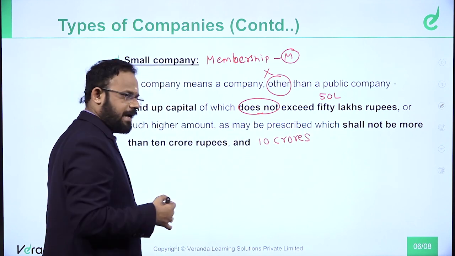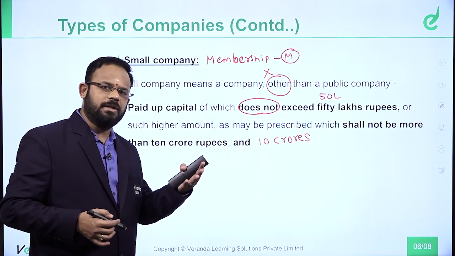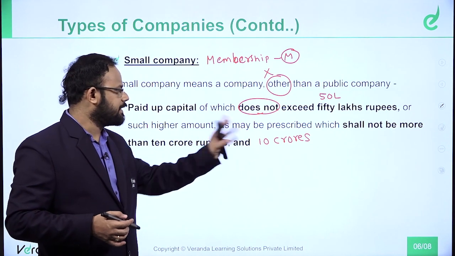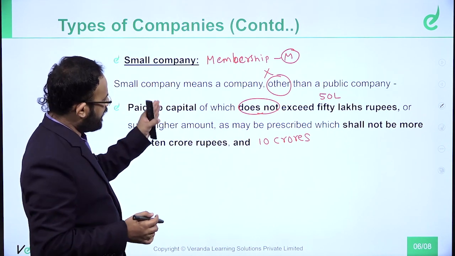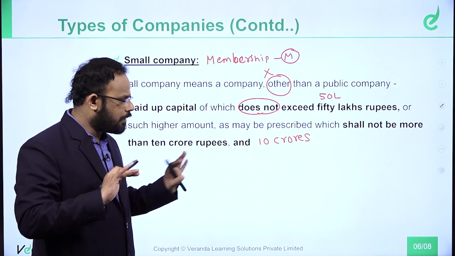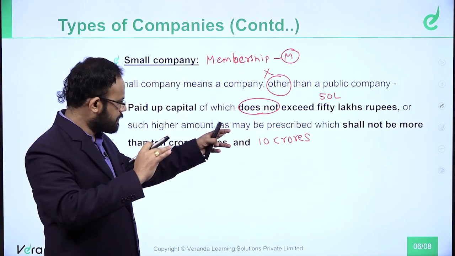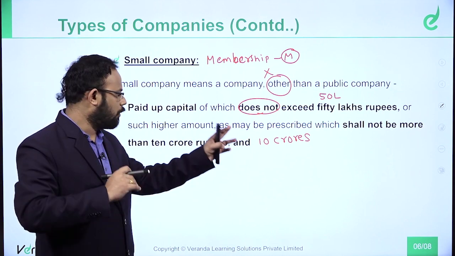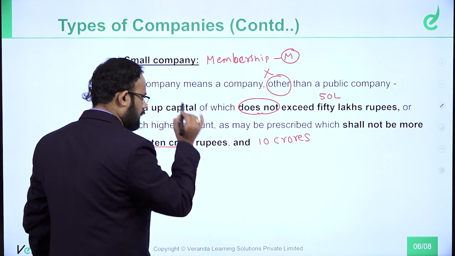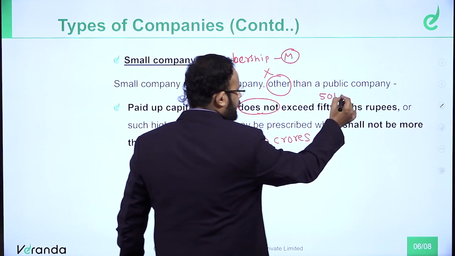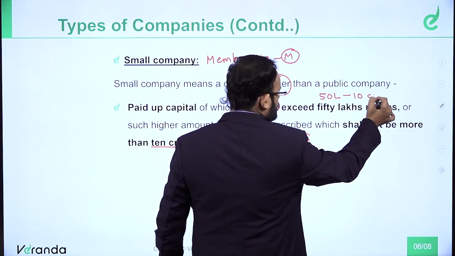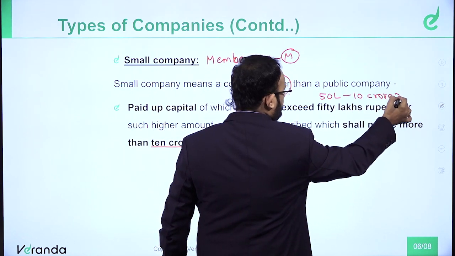Now it is 50 lakhs. If they want to increase that 50 lakhs, it should not exceed 10 crores. Are we clear? So paid up capital which does not exceed 50 lakhs or any higher amount later when they prescribe, it shall not be more than 10 crores. So the point is 50 lakhs to 10 crores. Maximum it can go.